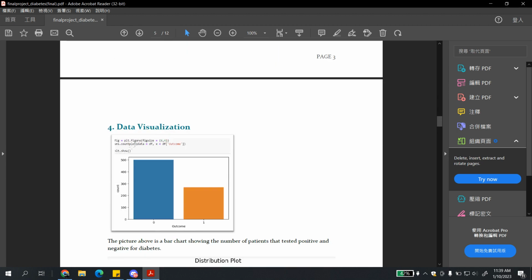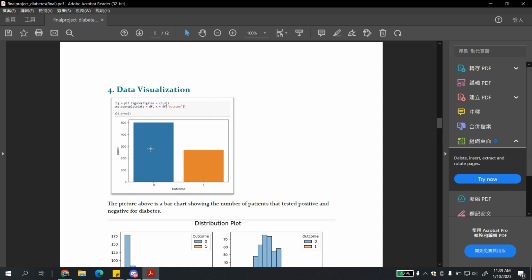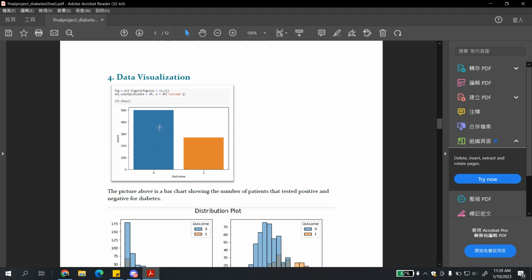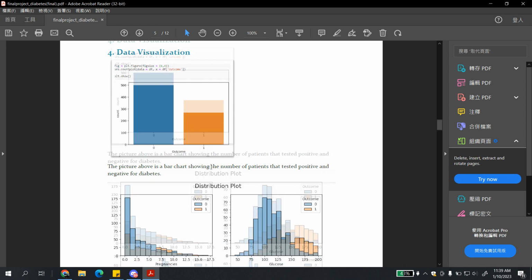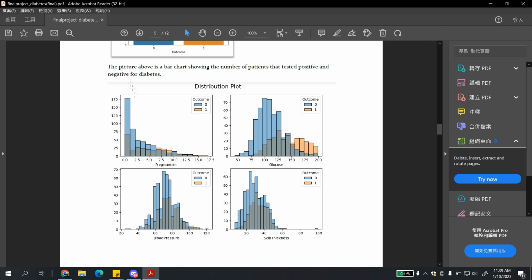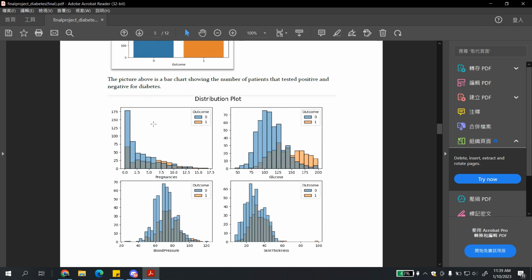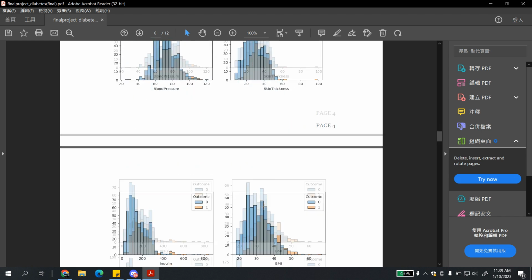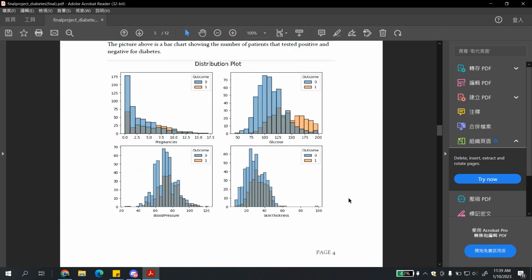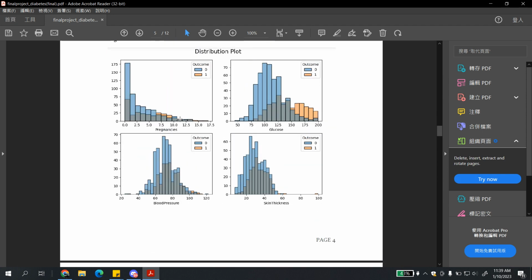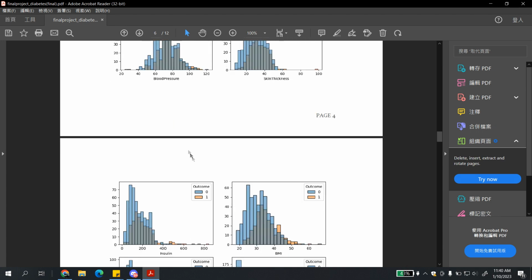Here we have visualization. Here we have the amount of patients that don't have diabetes and have diabetes, and this is a distribution plot showing all the features, where we can tell visually which of them are in correlation to the outcome.